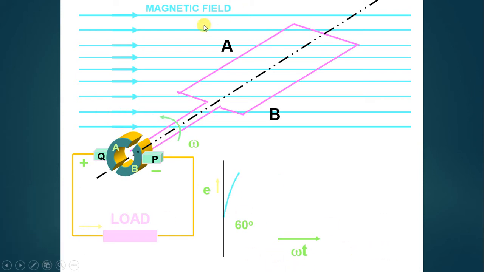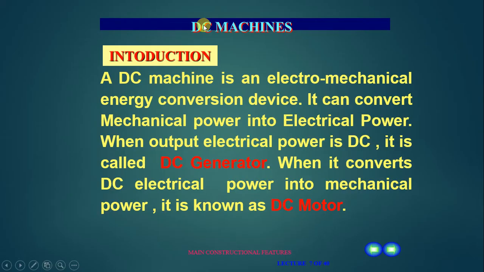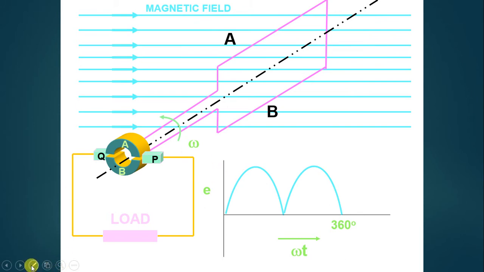This is how the continuous waveform is generated. When you check the peak of this DC or induced voltage, it will be a constant peak. It will fluctuate between 0 and the maximum voltage or EMF, which is supplied to your load.